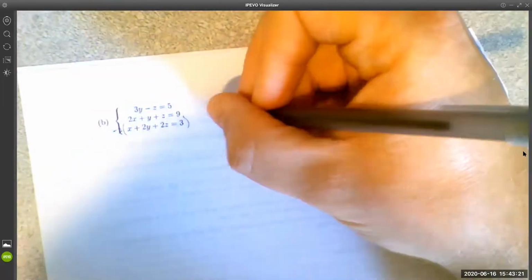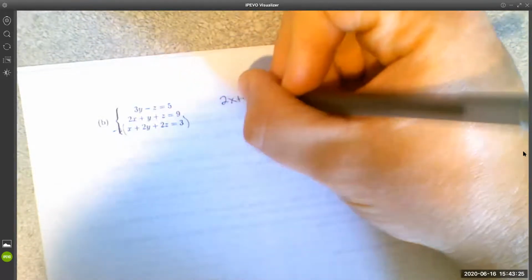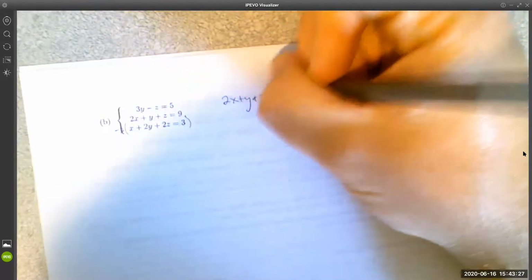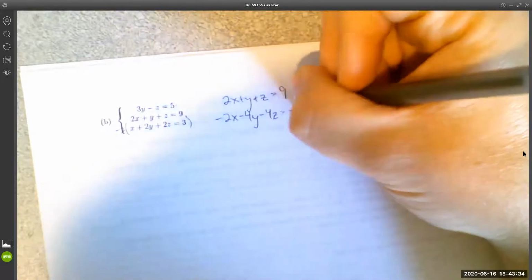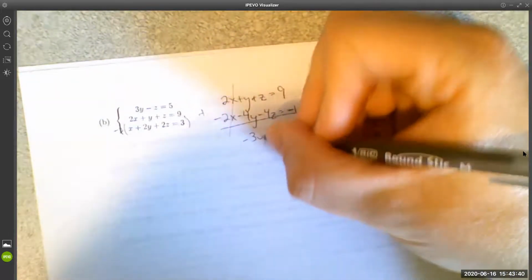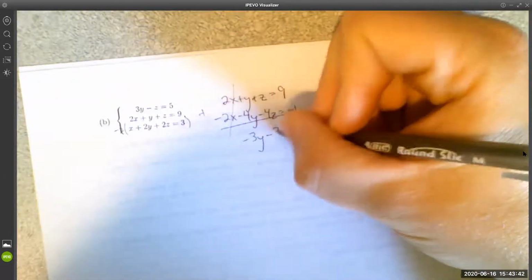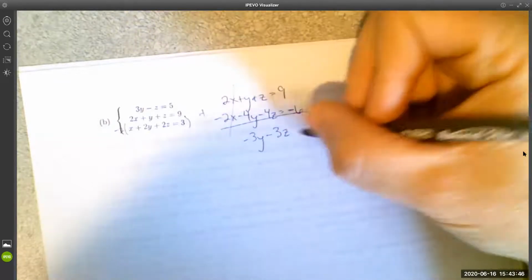So now I'm going to have 2x plus y plus z equals 9, and negative 2x minus 4y minus 4z equals negative 6. If I add these up, x's are gone, negative 3y minus 3z equals 3.